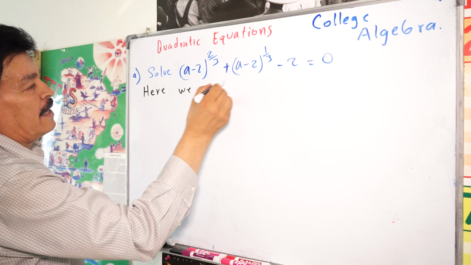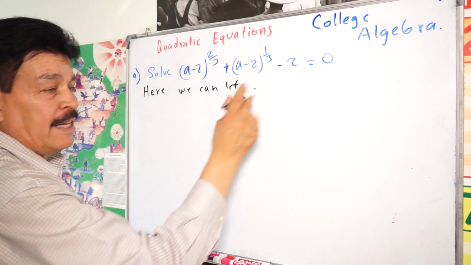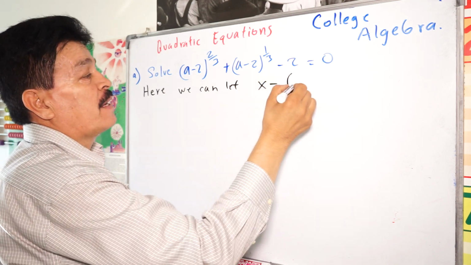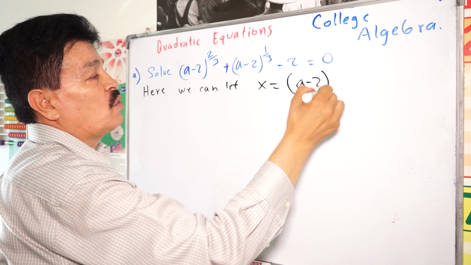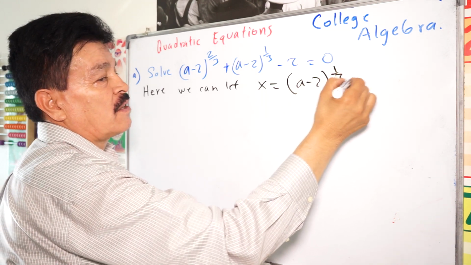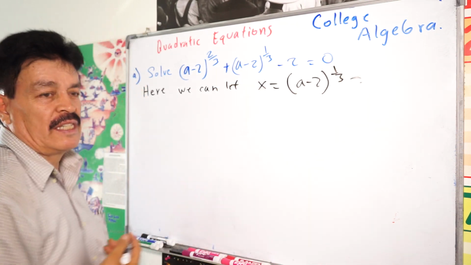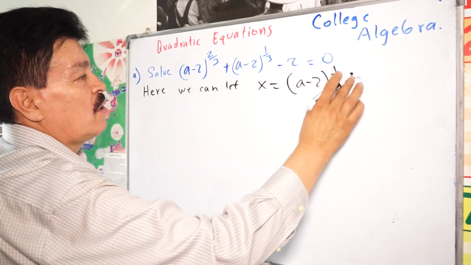We can let x equal (a minus 2) to the 1/3. So, simplify by substitution.